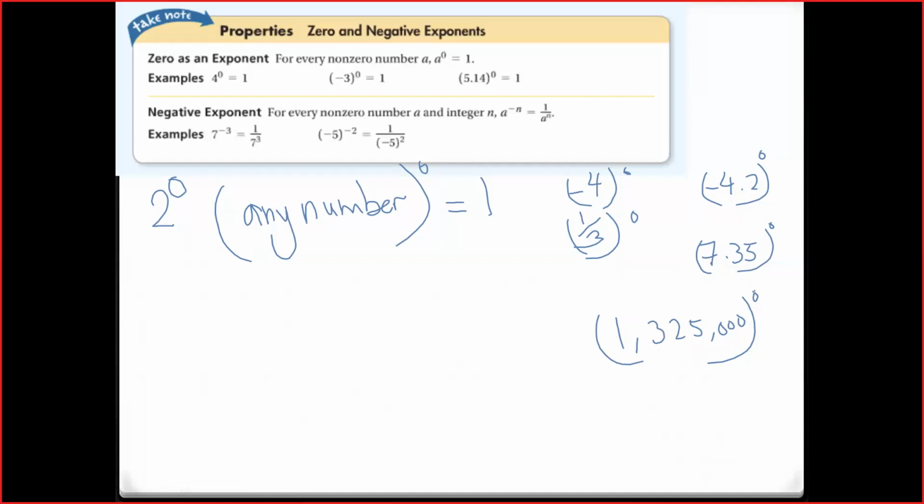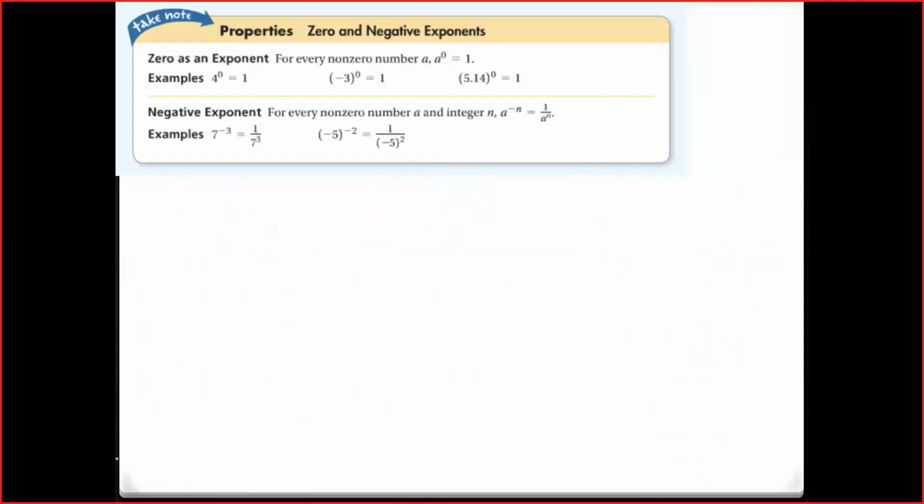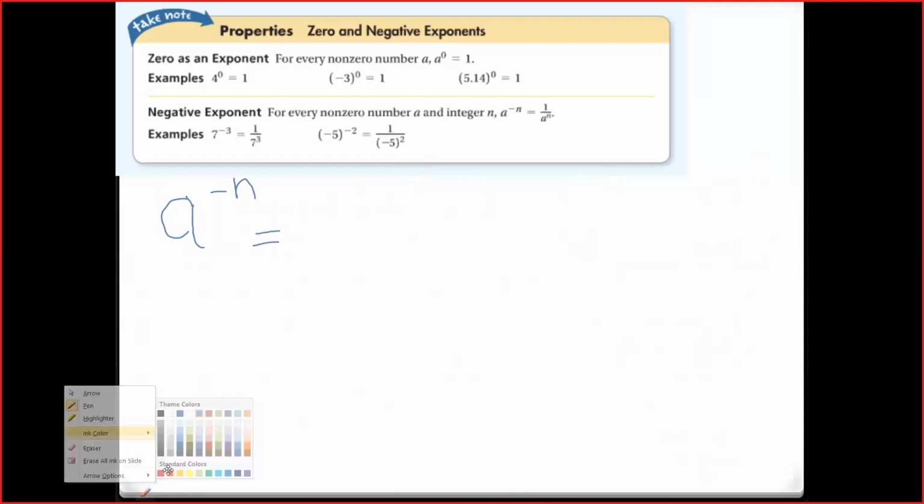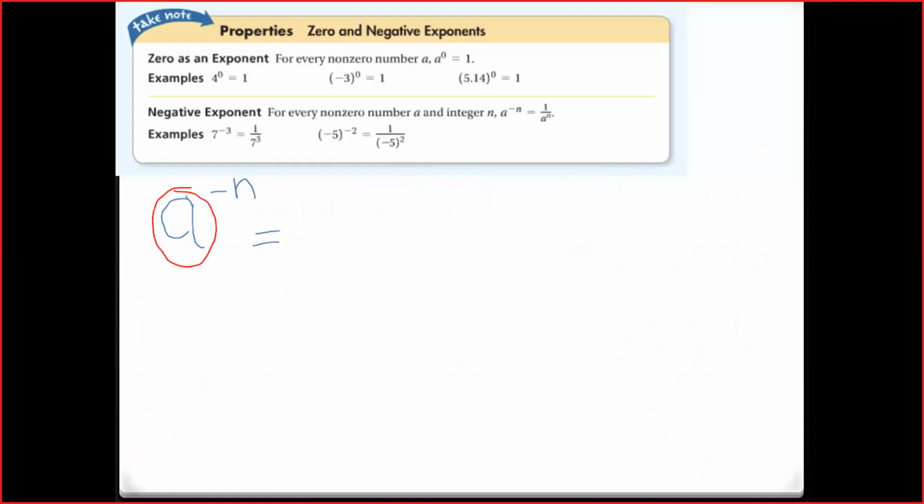Now, what about negative exponents? Please look at me here. If you have a to the power negative n, what do you have to do? Look at the reciprocal of a. It is 1 over a.